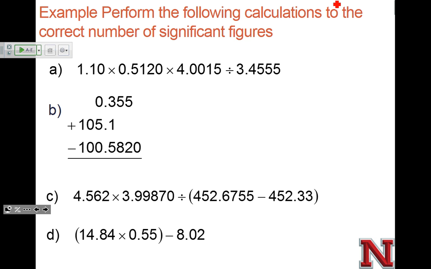If we're looking at this first example, we're multiplying and dividing. So in that case, we're going to be going with the least number of significant figures total.